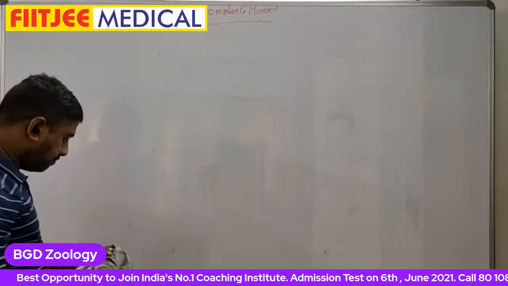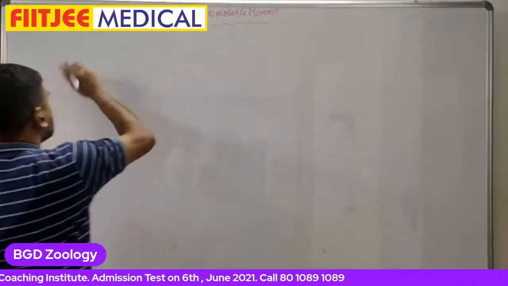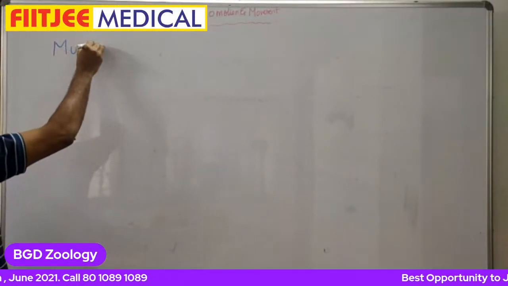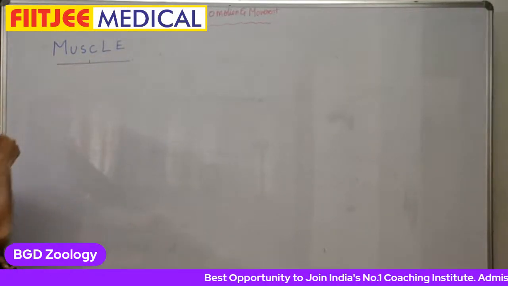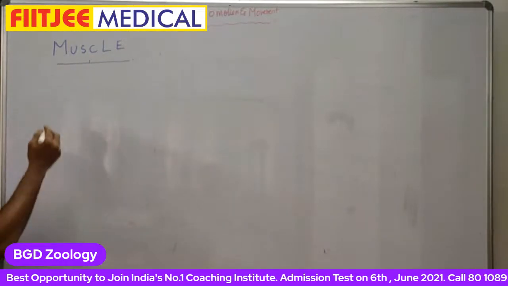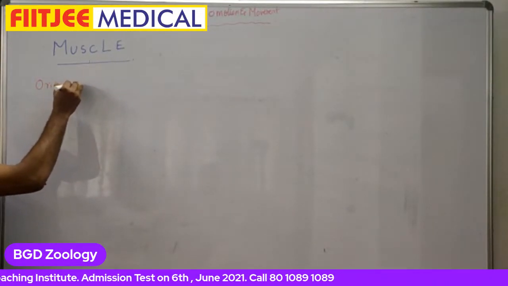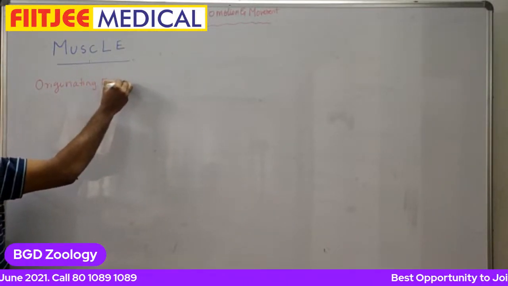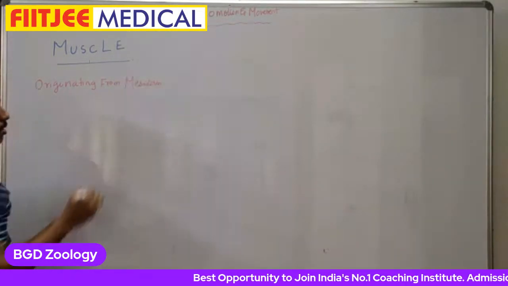So listen everyone. We have learned already that muscles originate from the mesoderm.